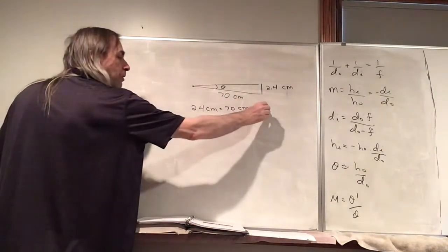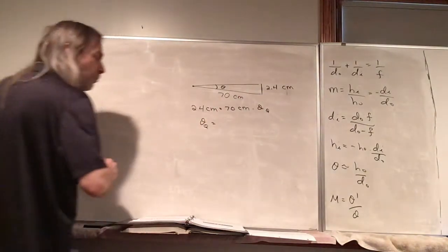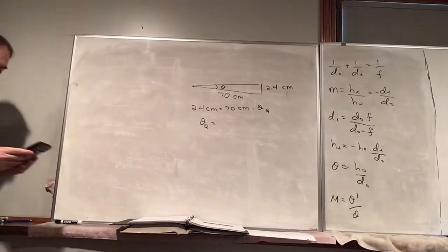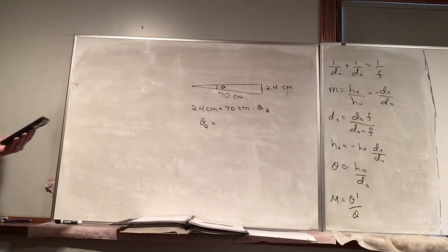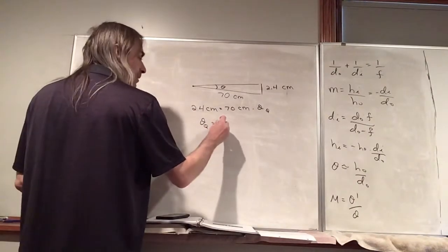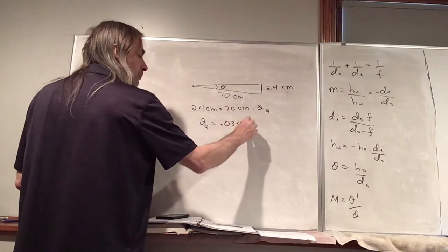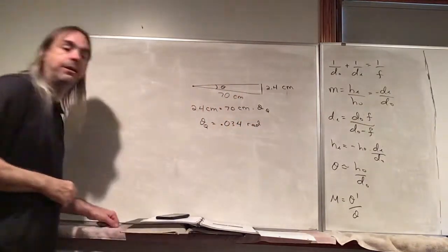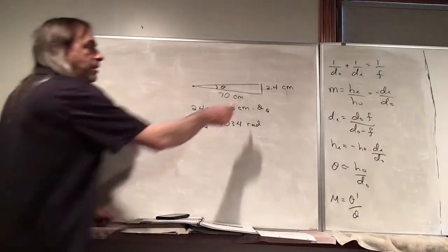I'm going to call this theta Q, theta for a quarter. So that'd be 2.4 over 70. It's a pure number, no units. I'm getting 0.03 radians. You don't have to write radians, because if you don't write anything, that's implied. So this is a quarter.